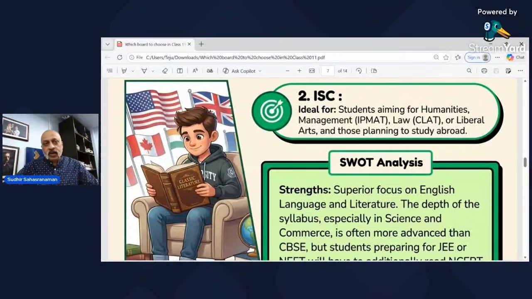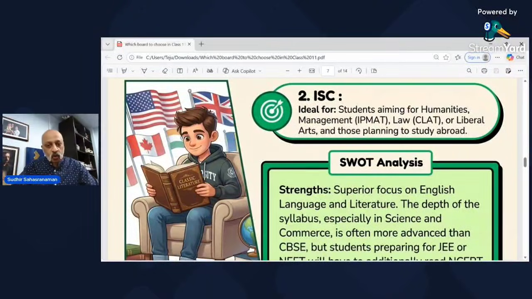Or, for example, when my daughter went for her MBA, that involves group discussion, that involves an interview stage, right? So you need to be in a position where you are able to express yourself very well. An ISC board essentially prepares you with better language skills, better articulation skills. So if you are in an atmosphere where your school or your peer group enables you to do all that, ISC therefore is much better for all these kinds of competitive examinations.